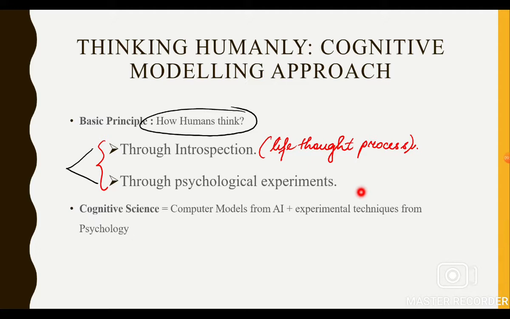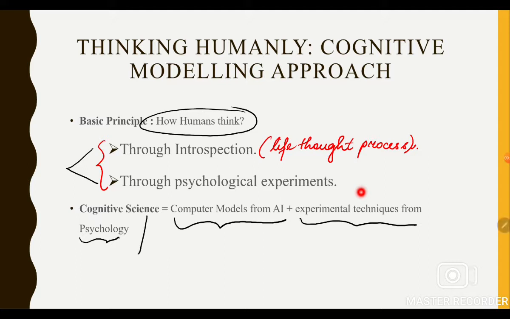So this gave rise to a new interdisciplinary field known as cognitive science, which brings together computer models from AI and experimental techniques from psychology. Cognitive science is a very interesting branch, as it tries to construct precise and testable theories of the workings of the human mind.